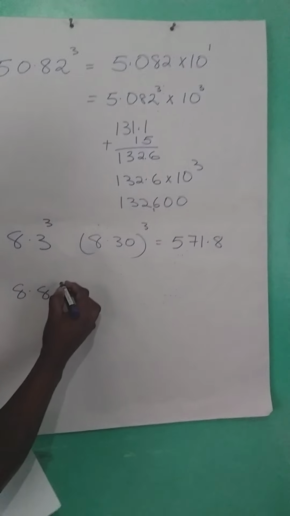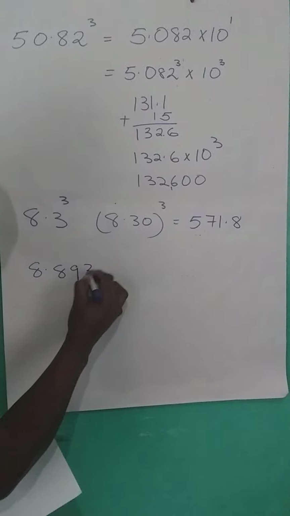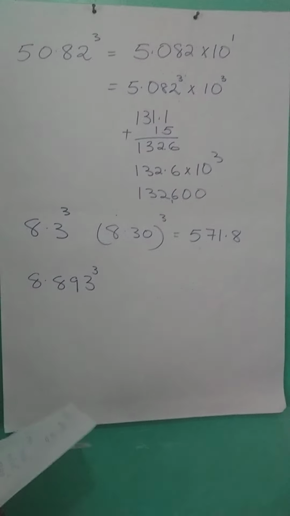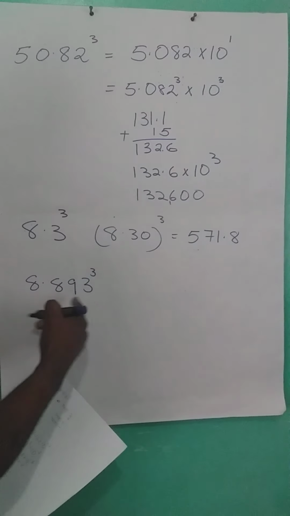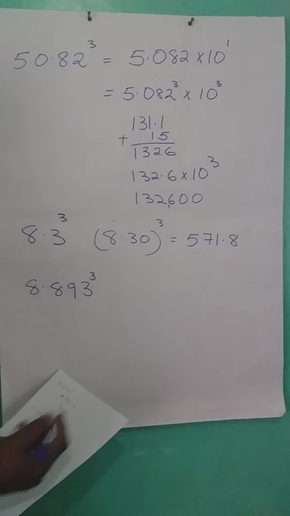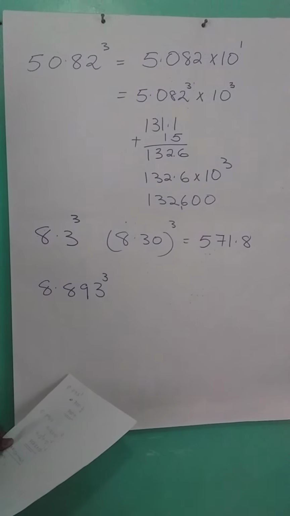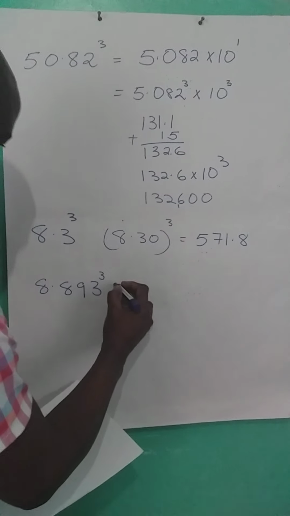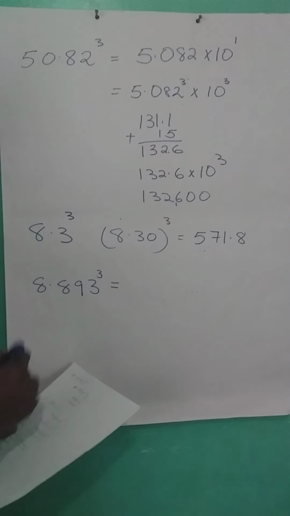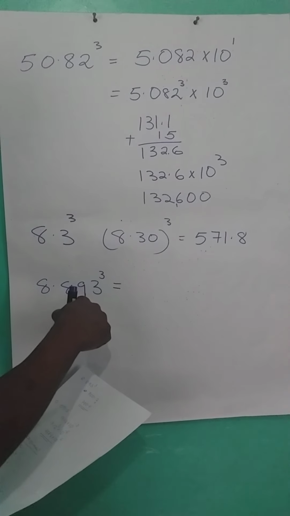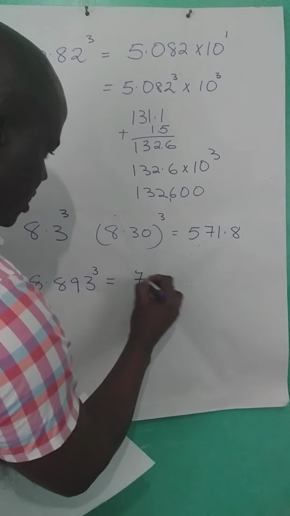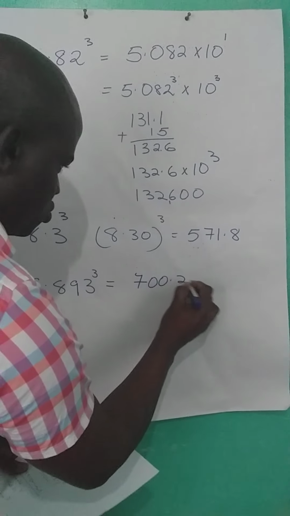In a similar manner, we can find the cube of 8.893. Again, this number is between 1 and 10, so we simply go to our table. Under 8.8, you move along that row to where 9 is, and you get the number 700.2.